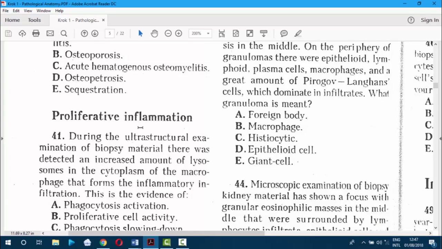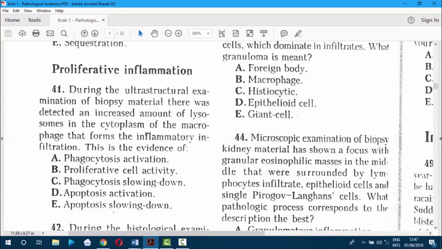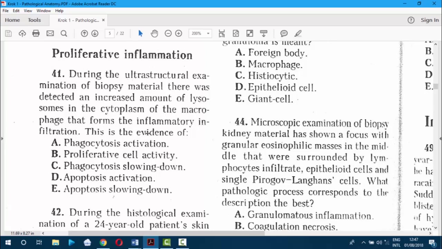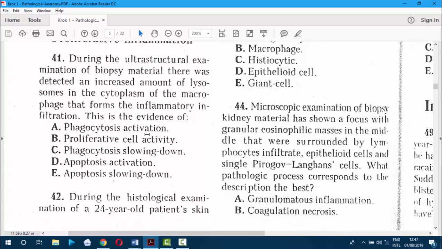We're dealing with what? Proliferative inflammation. That is when there's what? Regeneration and the thing is coming to heal. 41. During the ultrastructural examination of biopsy material, there was detected an increased amount of lysosomes. You see, ultrastructure meaning what? Organelles.